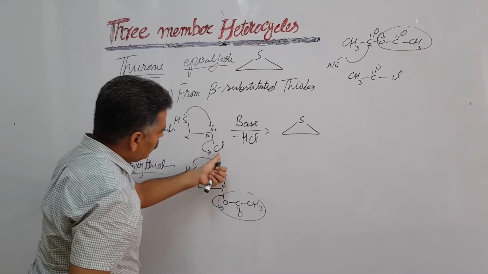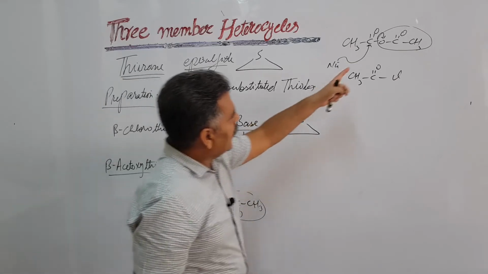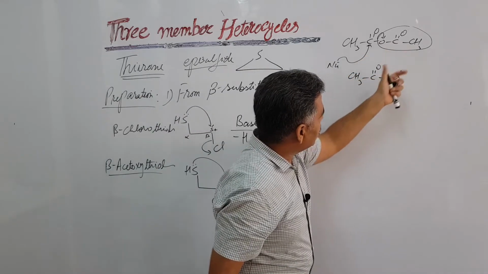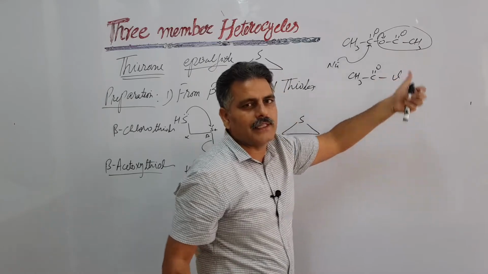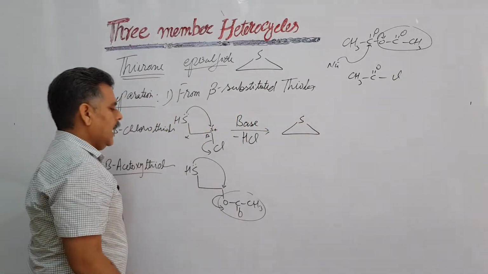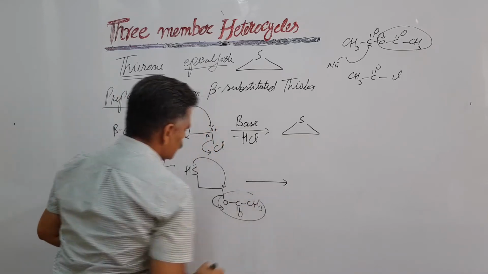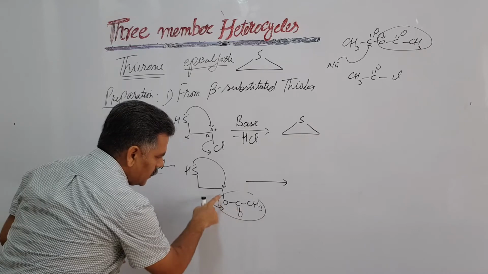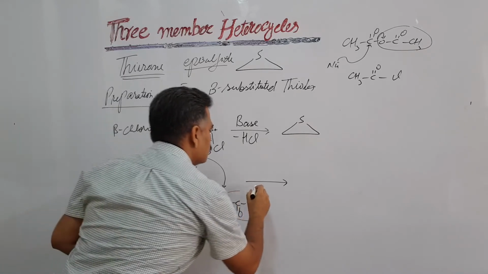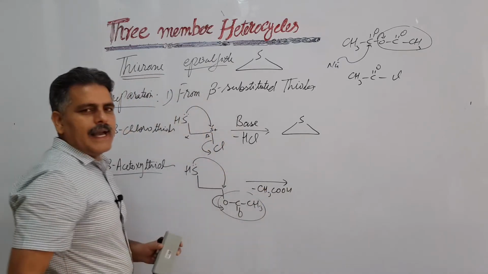So here you have leaving group Cl, here you have leaving group OCOCH3, here you have leaving group OCOCH3, and here you have leaving group Cl. So it means Cl and OCOCH3 can act as leaving groups. So again, hydrogen from this sulfur and OCOCH3 from this beta carbon are removed as CH3COOH, acetic acid.